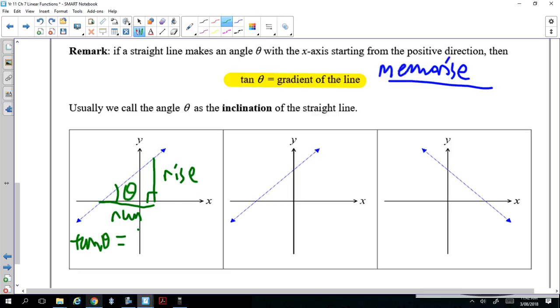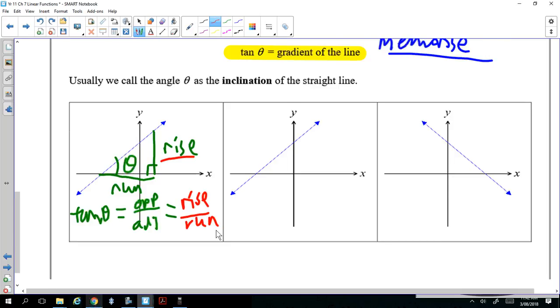And this is exactly equal to the gradient. That's why tan theta is the gradient of the line. So when the gradient is positive, theta is acute, in other words, theta is between 0 and 90.